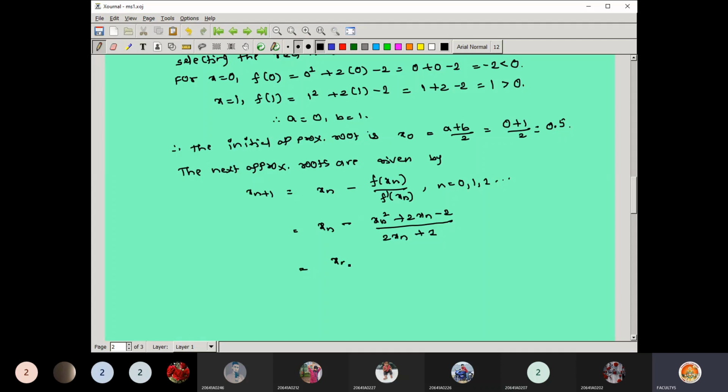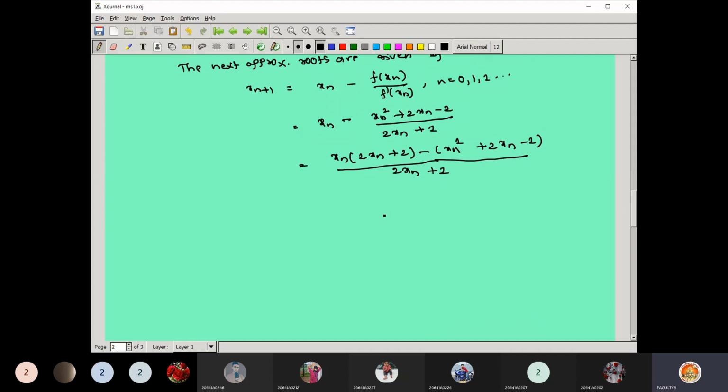So the simplification: x n minus (x n square plus 2 x n minus 2), total divided by 2 x n plus 2. Now you do the simplification.